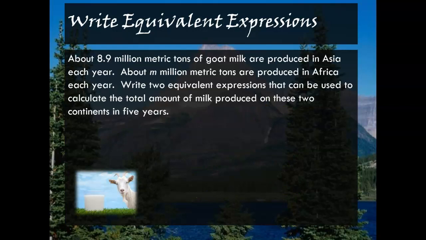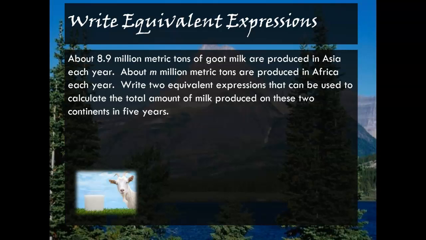About 8.9 million metric tons of goat milk are produced in Asia each year. About m million metric tons are produced in Africa each year. Write 2 equivalent expressions that can be used to calculate the total amount of milk produced on these 2 continents in 5 years.